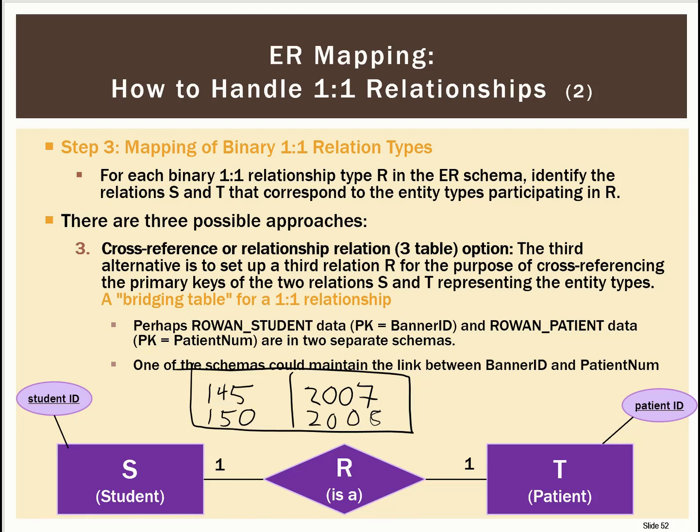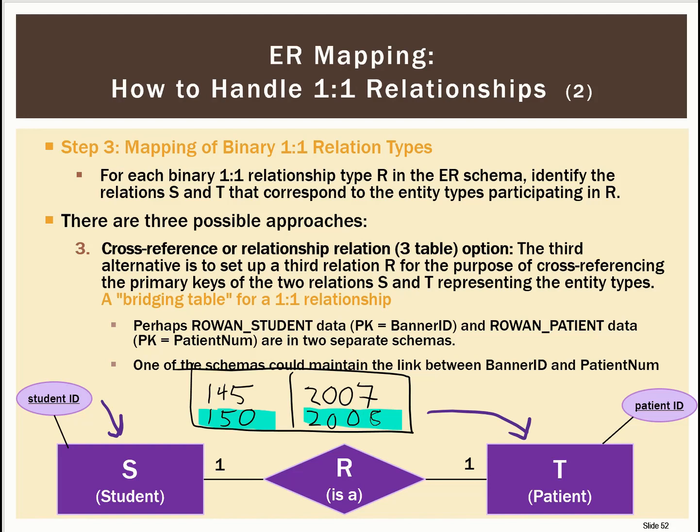Then, to look things up, I could start with a student, find out what the student ID was, like 150, and then I could find that number in the bridging table, and then I could see the corresponding patient ID of 2008, and then I could take that and go into the patient table and look up the patient information.